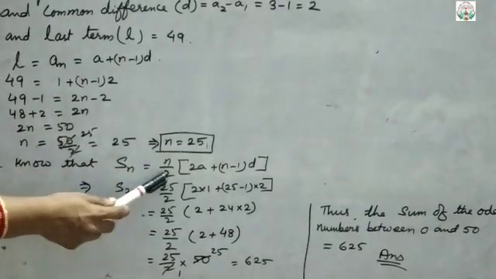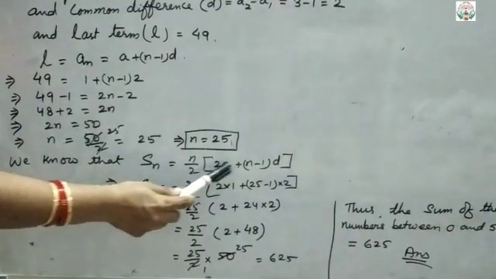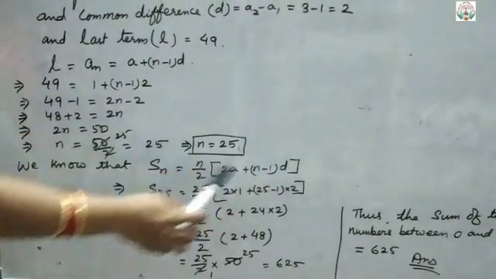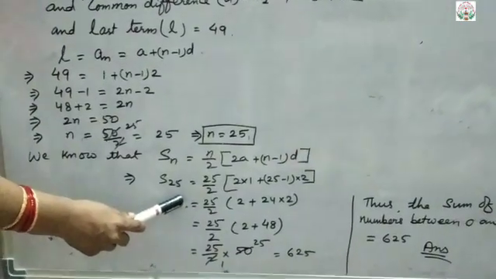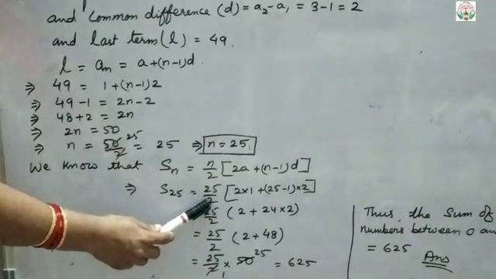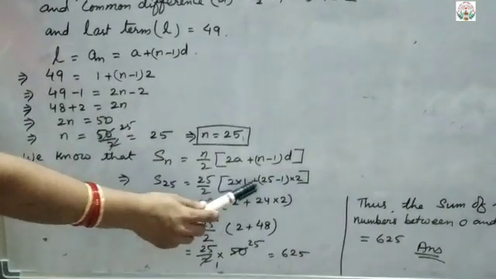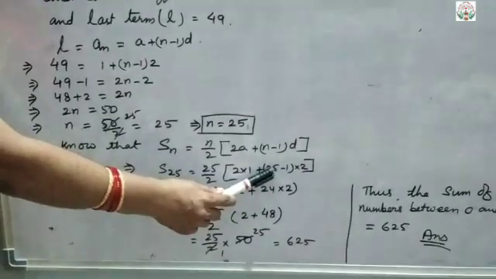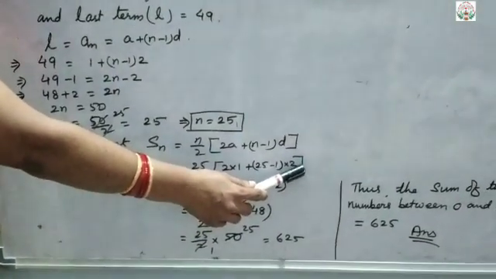Now the sum. We know that the sum of n terms is n upon 2 into 2a plus n minus 1 into d. So the sum of the first 25 terms equals 25 upon 2 into 2 into a, which is 1, plus 25 minus 1 into 2, where n is 25 and d is 2.